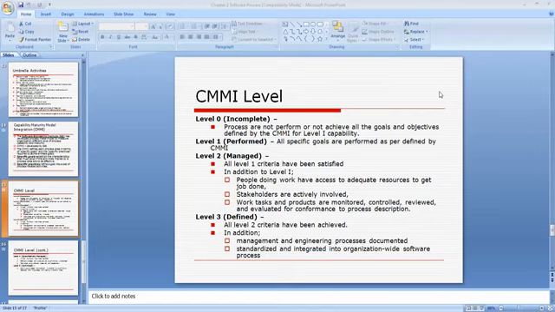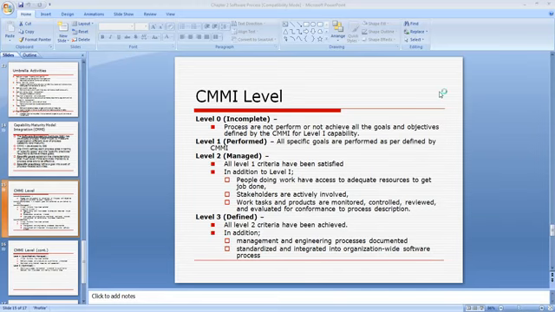Okay, again, stakeholders are actively involved. Now if you want to build software for the college, what are the stakeholders of the college? Students, faculty, administrative staff.